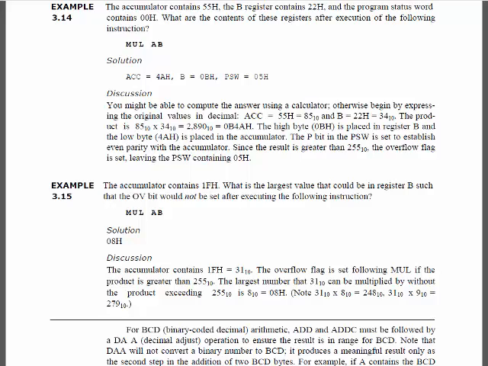So the high byte is placed in B, and the low byte is placed in the accumulator. So the result can be up to 16 bits, and that's why it's limited to just A and B.